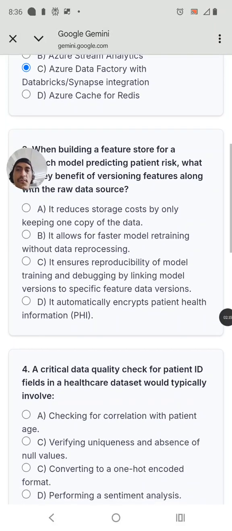Storage cost is reduced, allows for faster model training, ensures reproducibility, automatically encrypts patient health information. Okay, let's go and see. Version feature data by linking model versions to specific feature data versions. So reproducibility is easier, and training and debugging is easier.